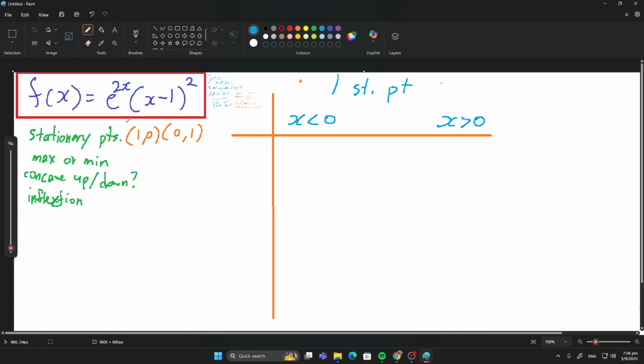So this is what happens if there is only one stationary point. But in this case, you have two stationary points. So how do I do it instead? Remember, for my stationary points, x equals to 1 and x equals to 0.